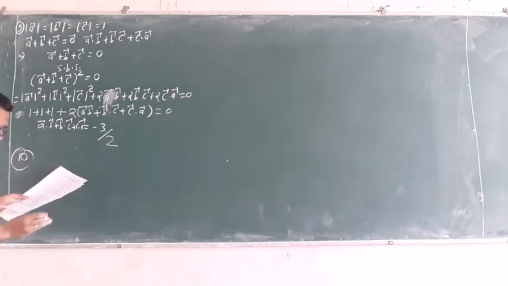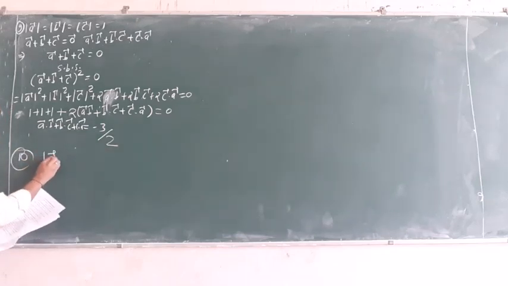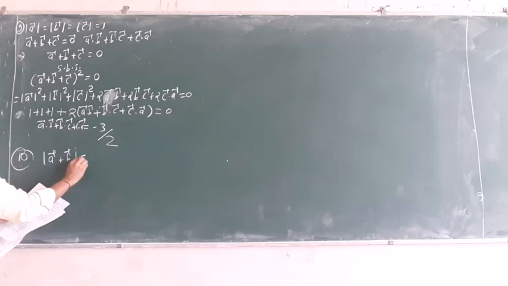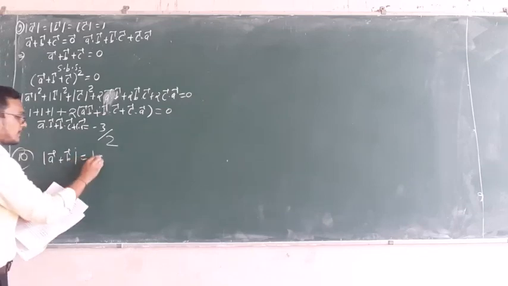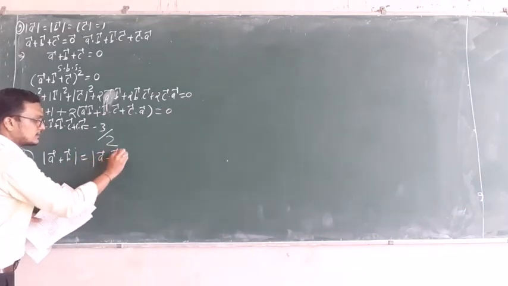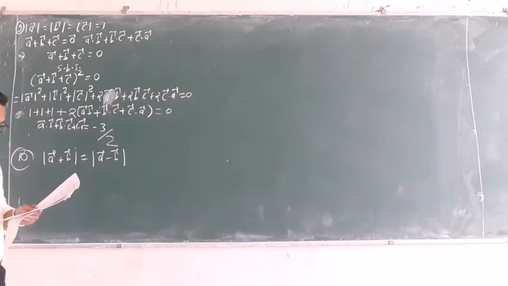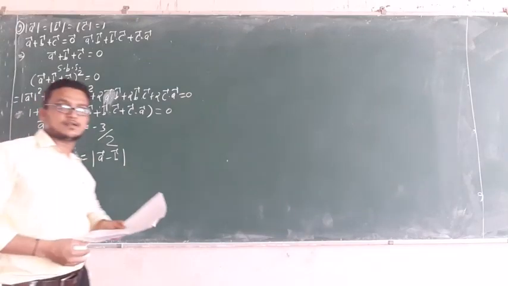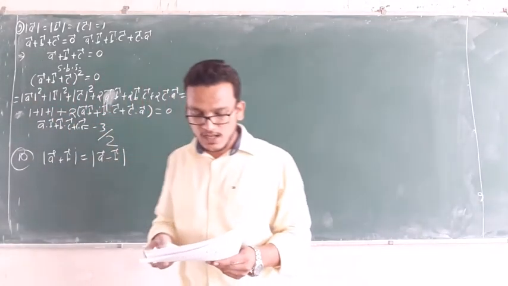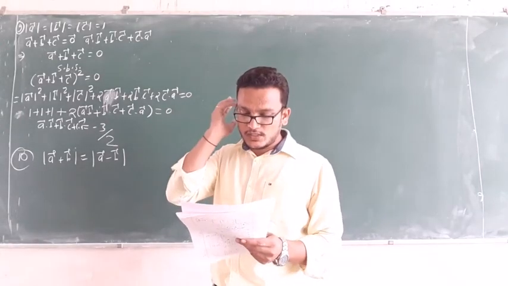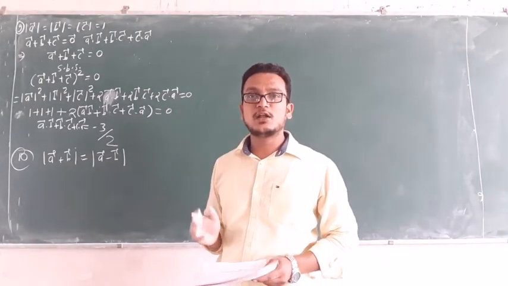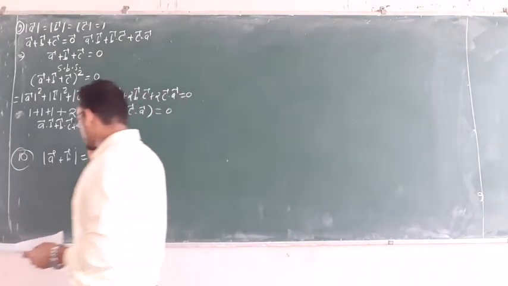What is the question here? If the magnitude of A plus B is equal to the magnitude of A minus B, then vectors A and B are: the options are orthogonal, parallel, coplanar, and none of the above. How to simplify this?